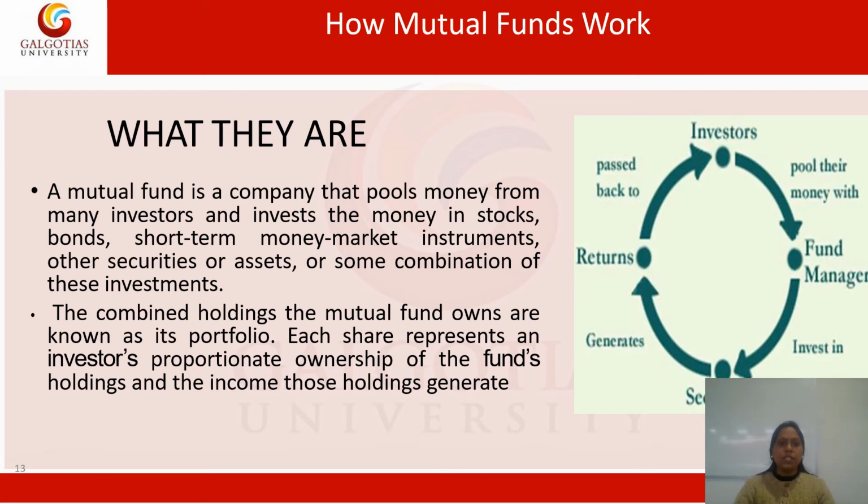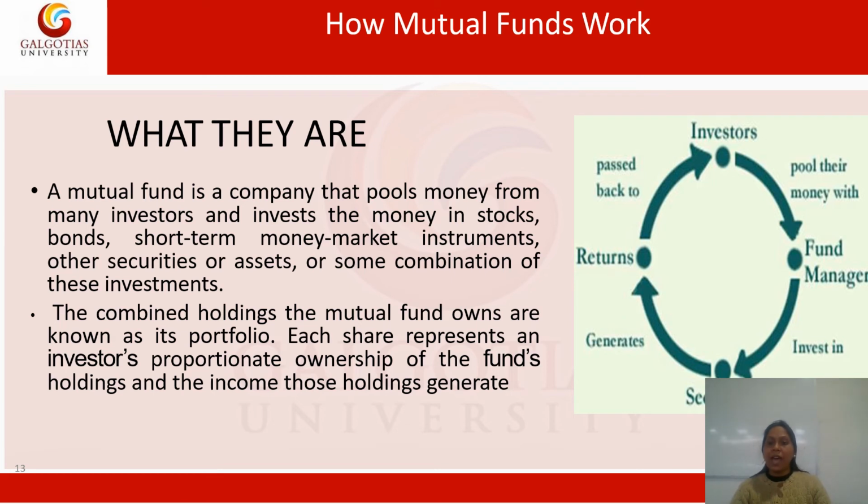Each share represents an investor's proportionate ownership of the fund's holdings and the income those holdings generate. Now, how this circulates: the money would start moving from the investor side towards the fund manager.